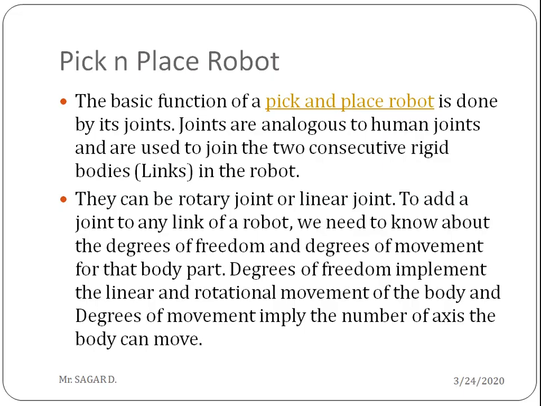So joints and links are main parts of any robo system. Joints are analogous to human joints and are used to join two consecutive rigid bodies. These rigid bodies are called the manipulator or links. They can be rotary joints or linear joints. Various types of joints we have already discussed in a previous lecture.